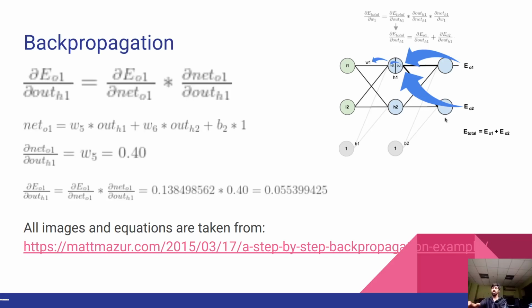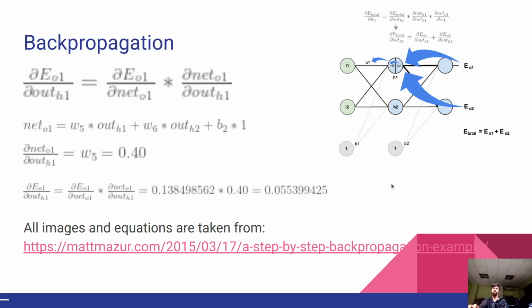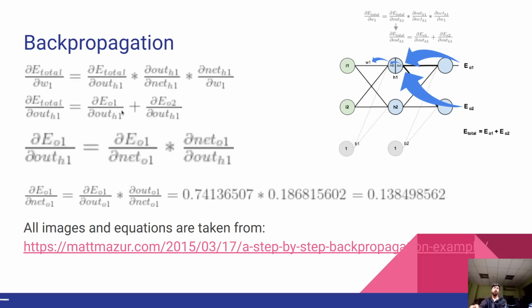Then again we have to find the same for this, with respect to EO2, derivative of EO2 with respect to this one, out H1. Okay. So, similarly, if we calculate this, it will be similar, like here instead of out O1, it will be like out O2, but everything will be the same.